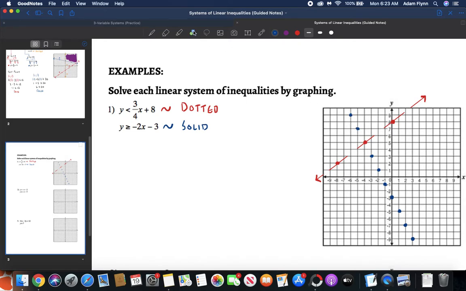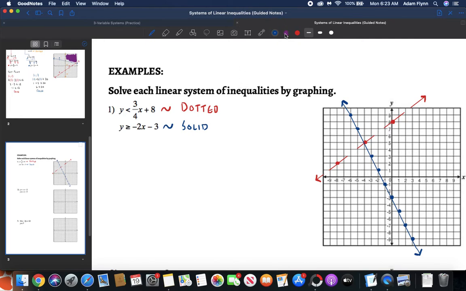I will connect those with a solid line this time. Keep extending it. Not the greatest line I've ever drawn, but certainly not the worst. And I will leave it solid.